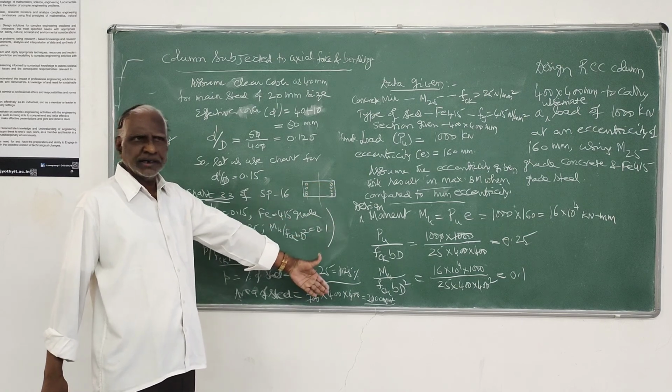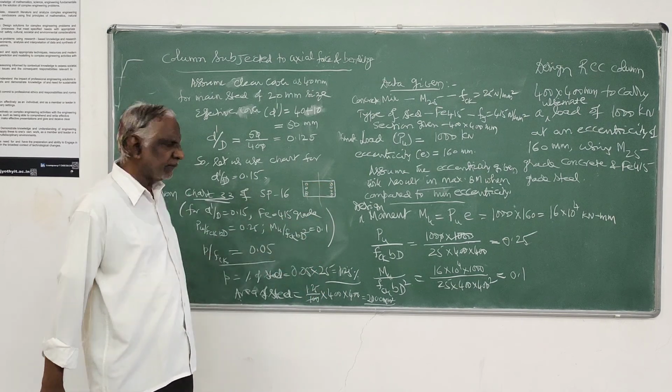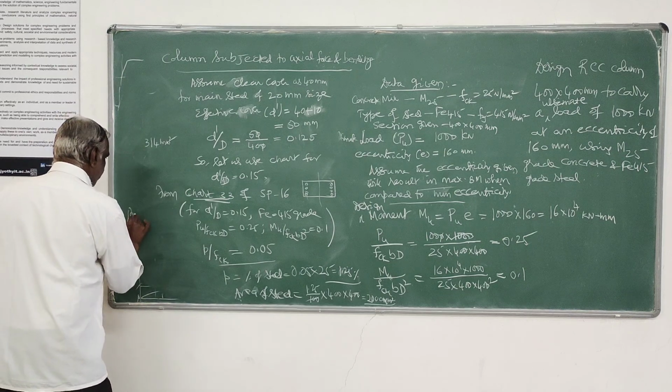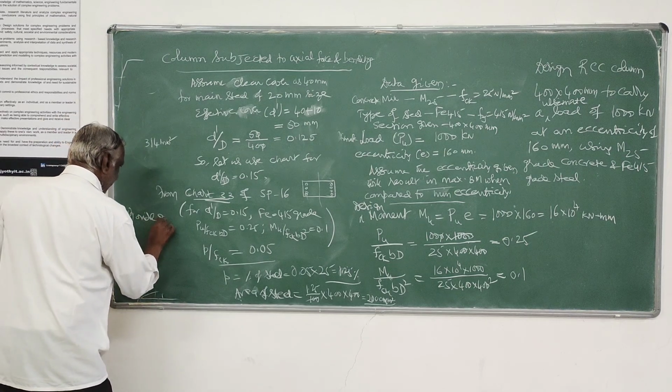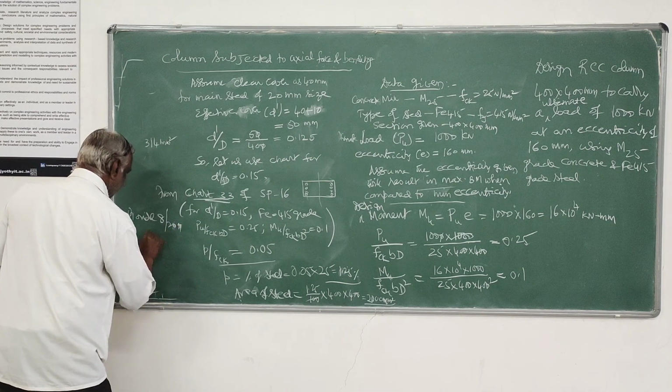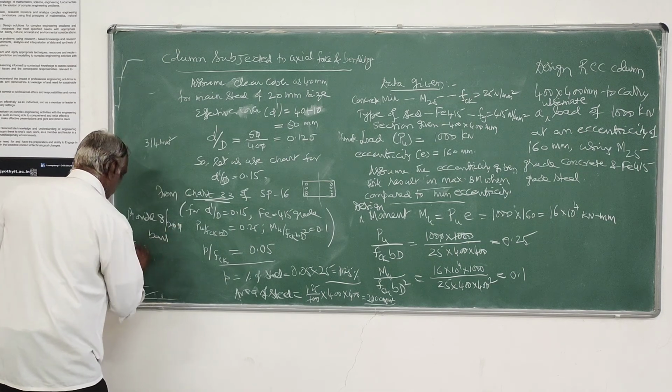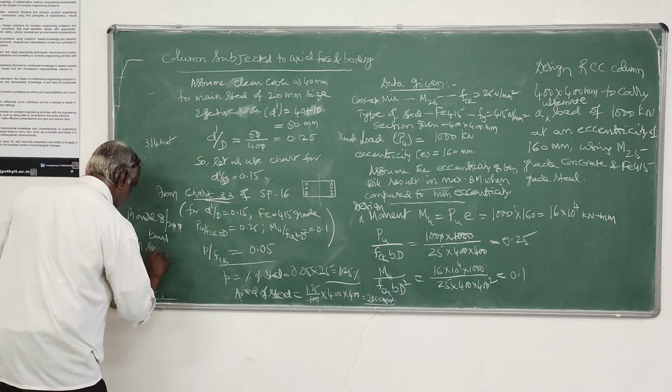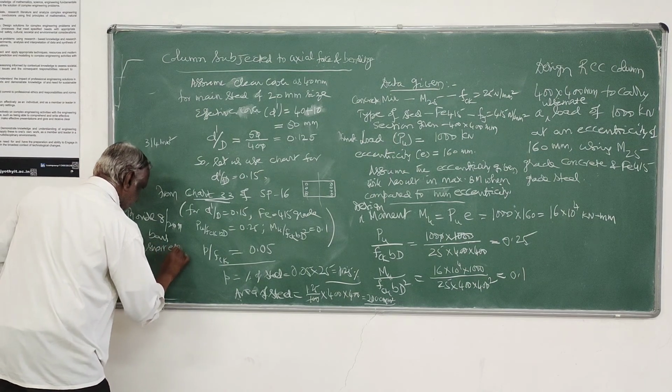So go for 8 numbers of 20 mm dia bars on short edges.